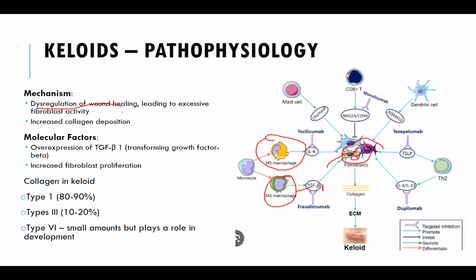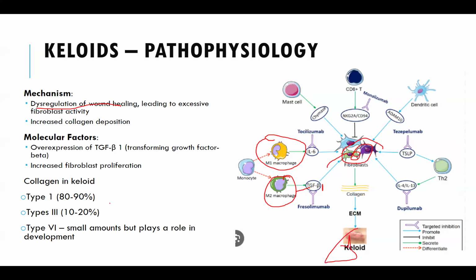Because we are aware that after laying down these collagen fibers, later on we need to produce what we call MMPs, matrix metalloproteases, which will come and break down the excess collagen to allow for scar remodeling. But in these patients, there is continuous production of collagen, meaning that the work of the MMPs is overwhelmed, and then someone ends up with a keloid.